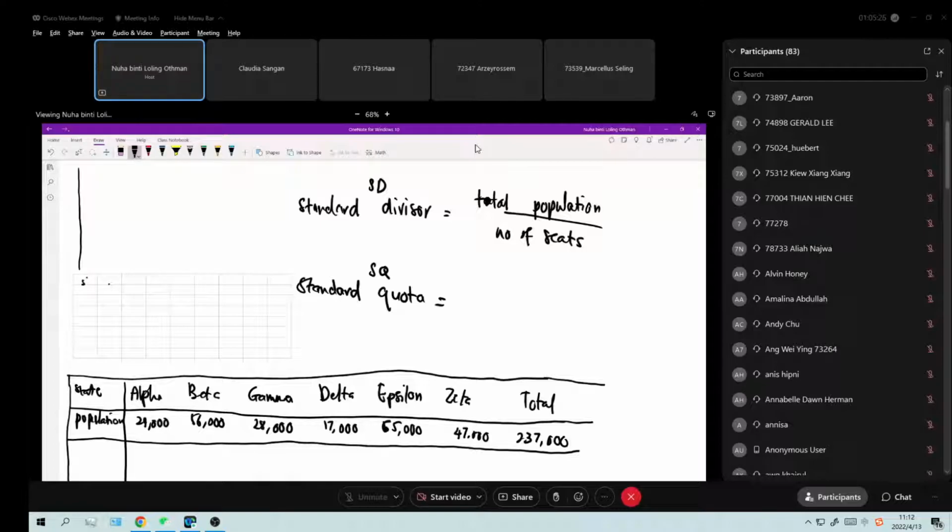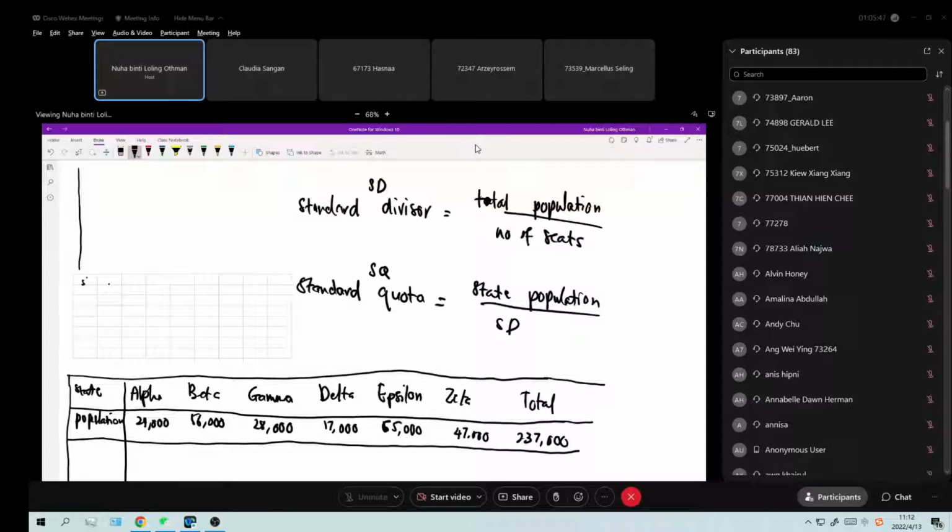And then, to get the standard quota, you have the state population divided by the standard divisor. Okay, so this is it.